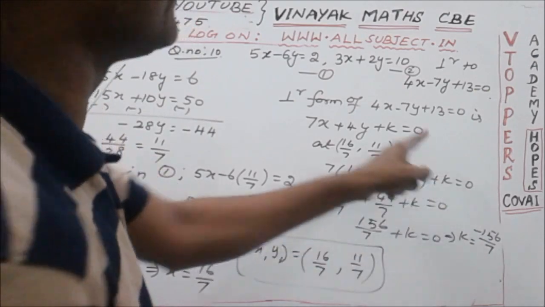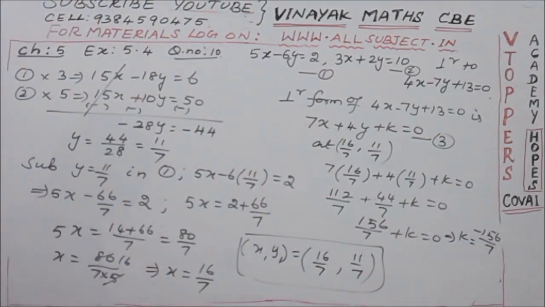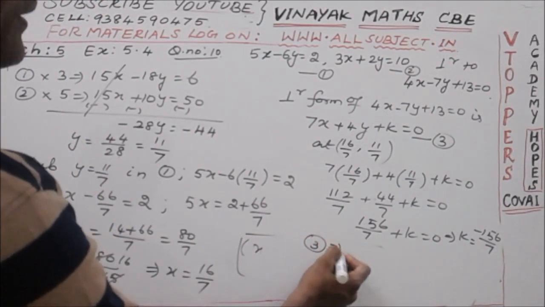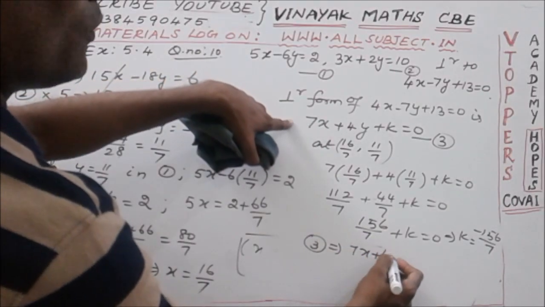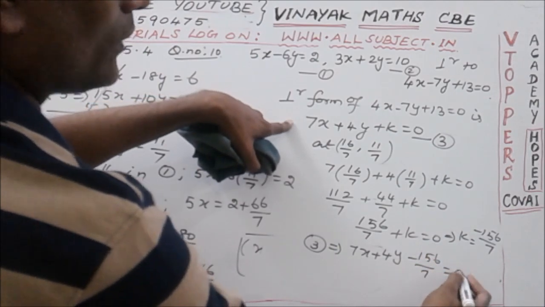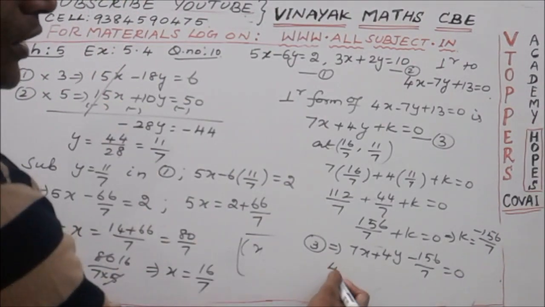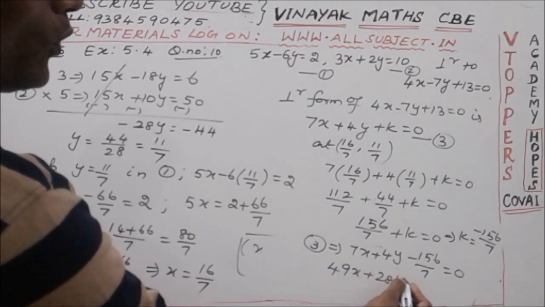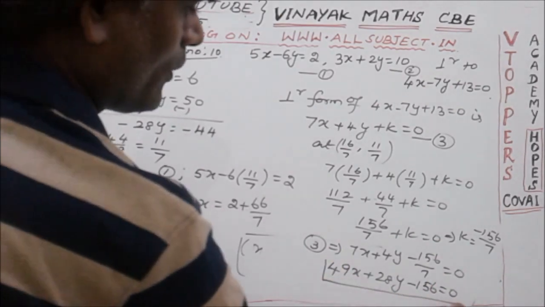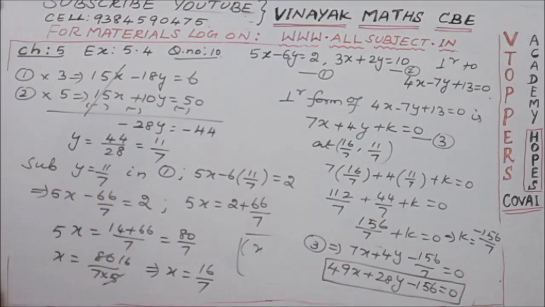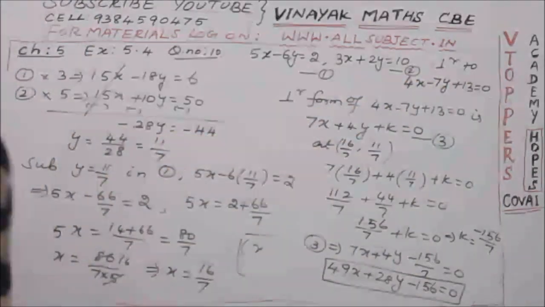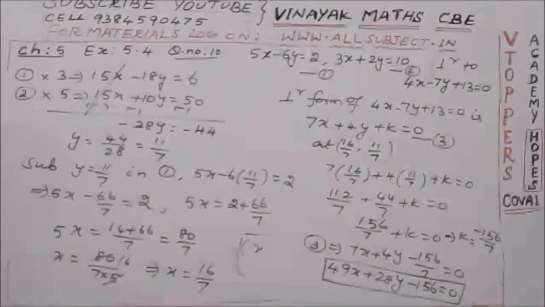Substituting minus 156 by 7 in equation 3, we have 7x plus 4y minus 156 by 7 equal to 0. Multiply by 7: 49x plus 28y minus 156 equal to 0 is the required equation of the line, which passes through the intersection of these two lines and is perpendicular to the line 4x minus 7y plus 13 equal to 0.